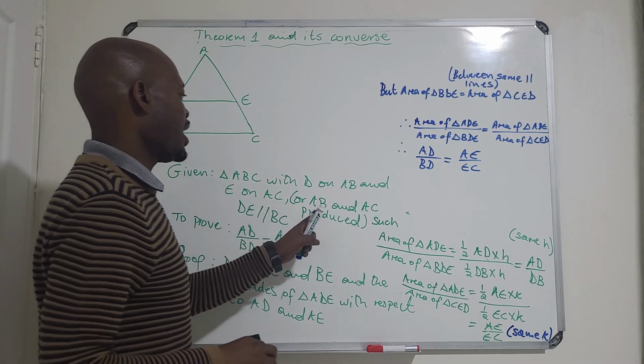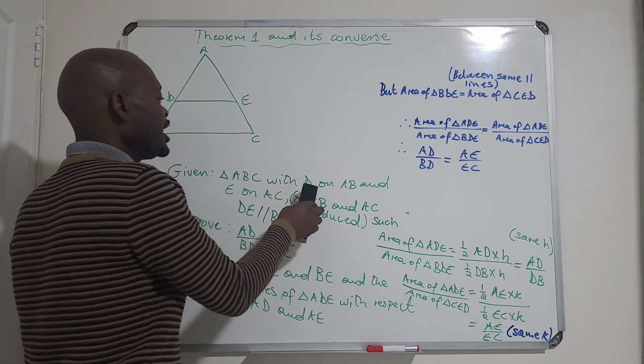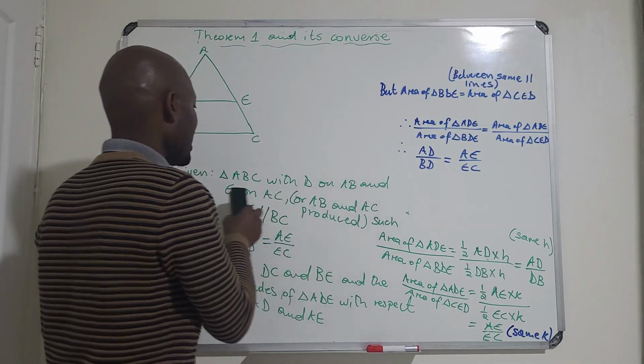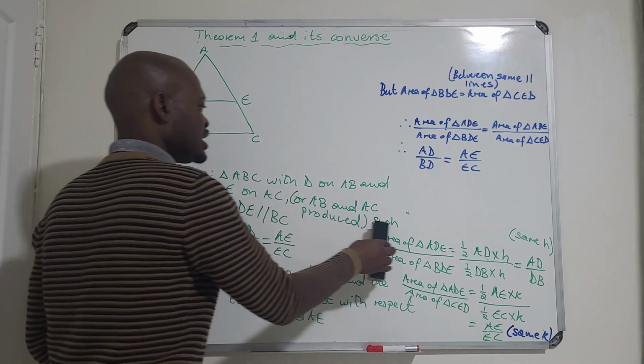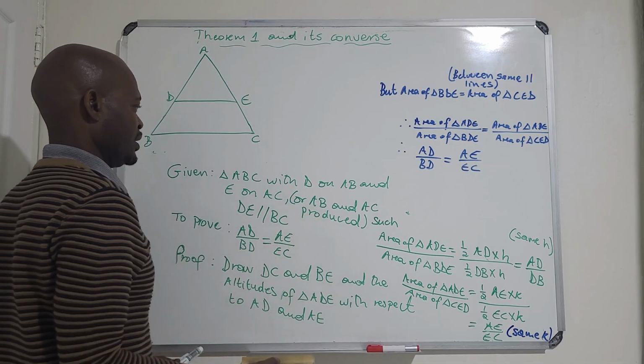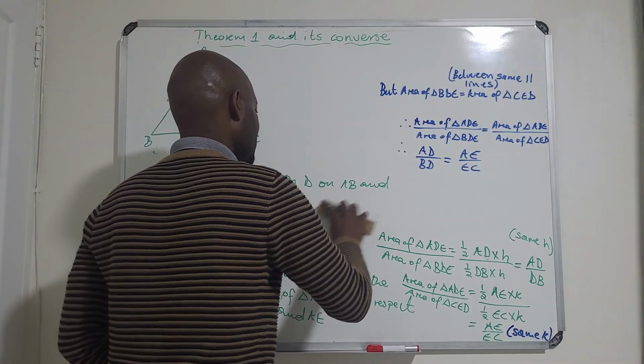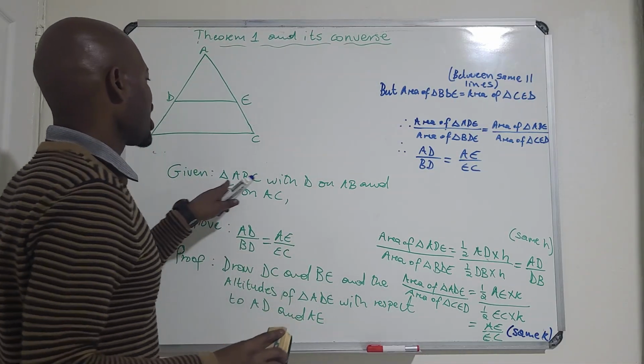That is why here we said triangle ABC with D on AB and E on AC, such that DE is parallel to BC.